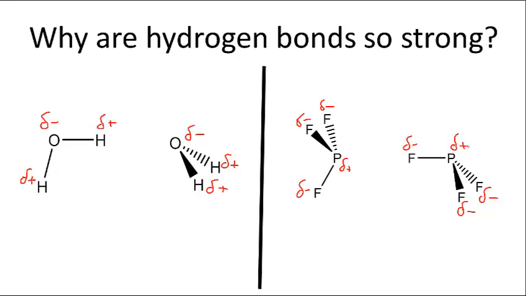All right. So it turns out hydrogen bonding is an interaction that occurs between the lone pair on one oxygen, nitrogen, or fluorine atom and the hydrogen on another molecule.